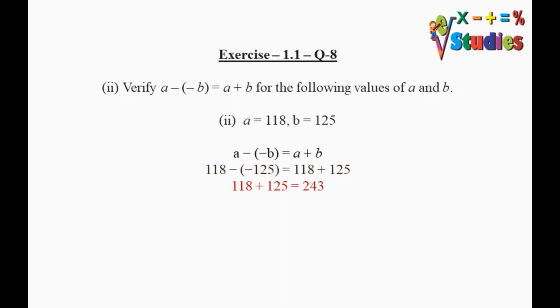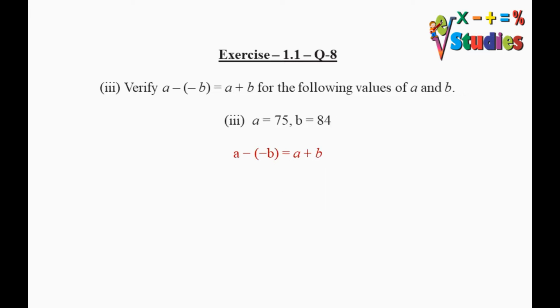When we open up the bracket, the negative 125 will become positive. So 125 plus 118 will give us 243. Here it is also proven that a minus negative b is equal to a plus b.